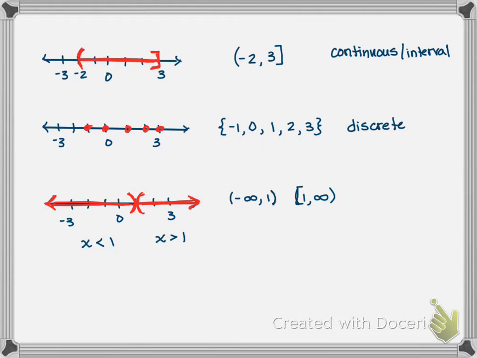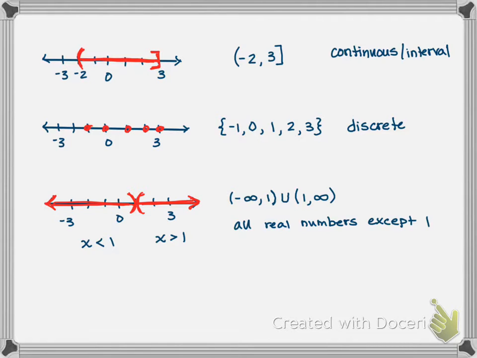We haven't excluded anything, so there's no point in having two separate intervals. So this is all real numbers except for 1.